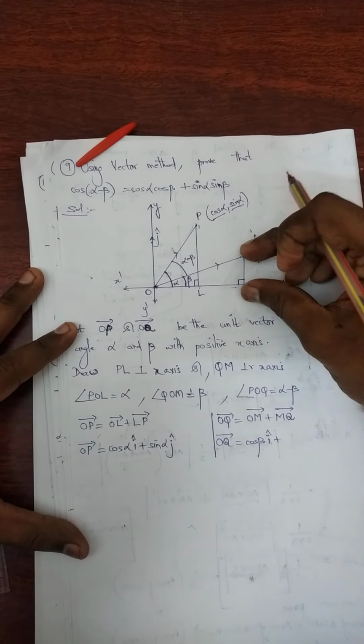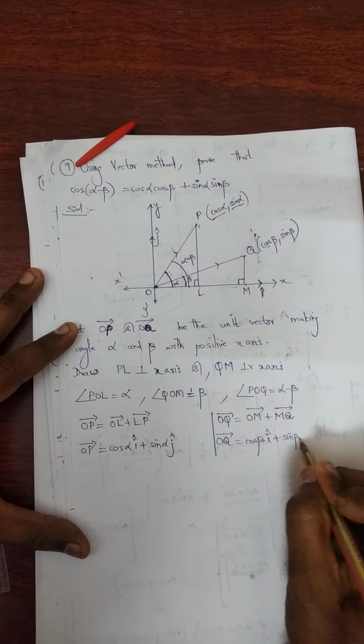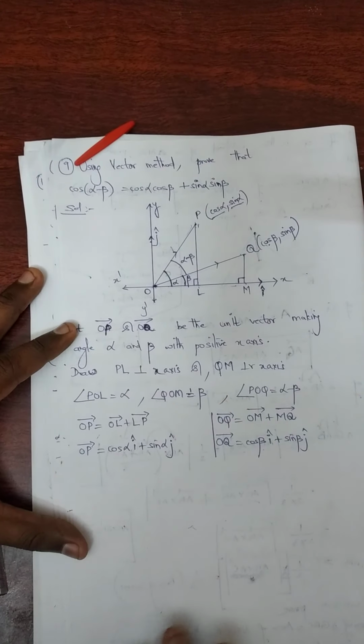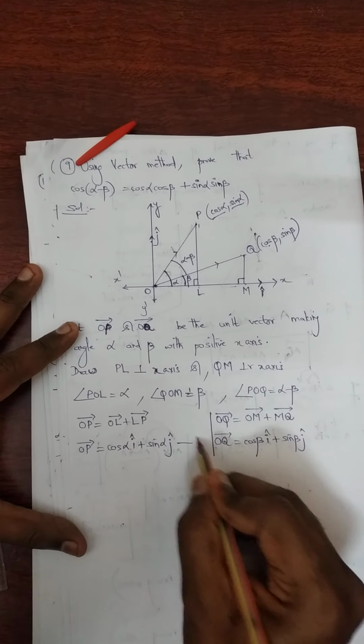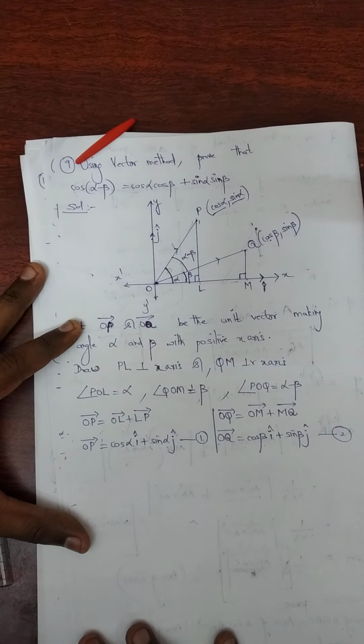MQ is along the y-axis: sin beta j cap. Keep the first as equation 1 and this one as equation 2. Very important.